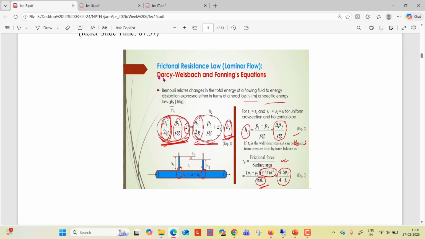So here comes the Darcy-Weisbach and Fanning's equation. Just now we have seen how this comes from the generalized Bernoulli's equation. So H is the pressure gradient by rho g.